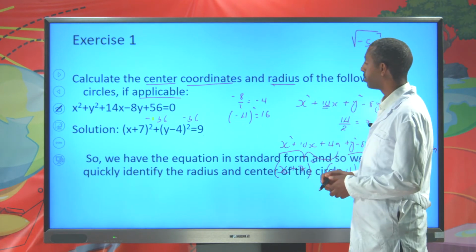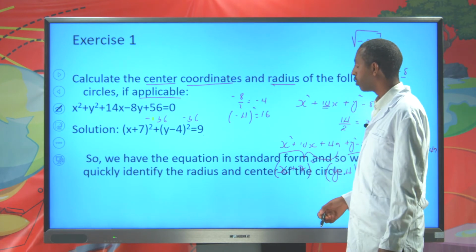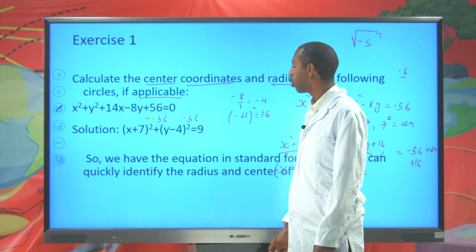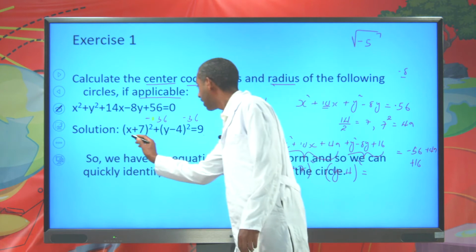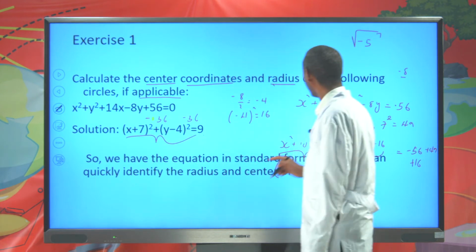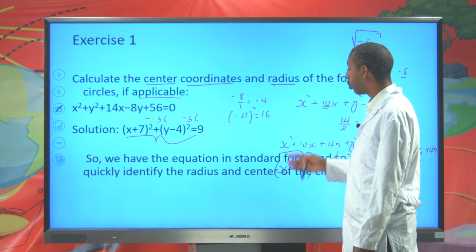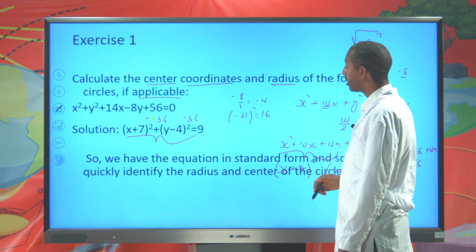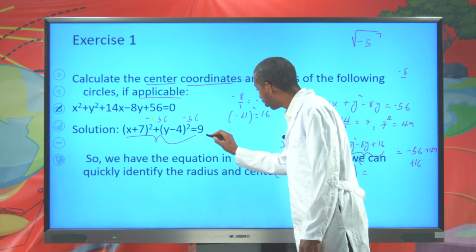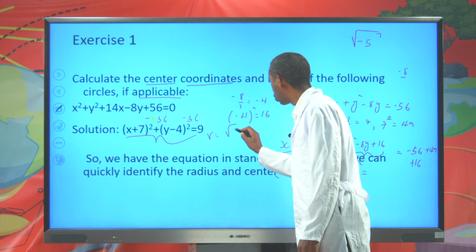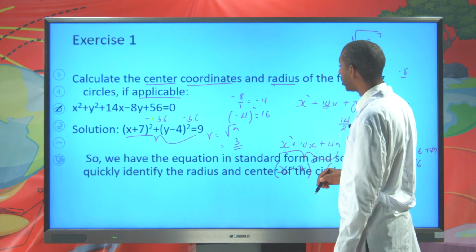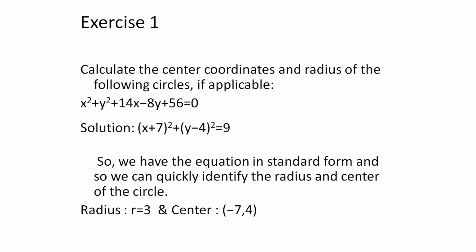So we rewrite it in standard form: (x + 7)² + (y - 4)² = 9. In order to find the radius of the circle, we have to square root 9, which gives us 3. So the center of the circle is (-7, 4), and the radius is positive 3.